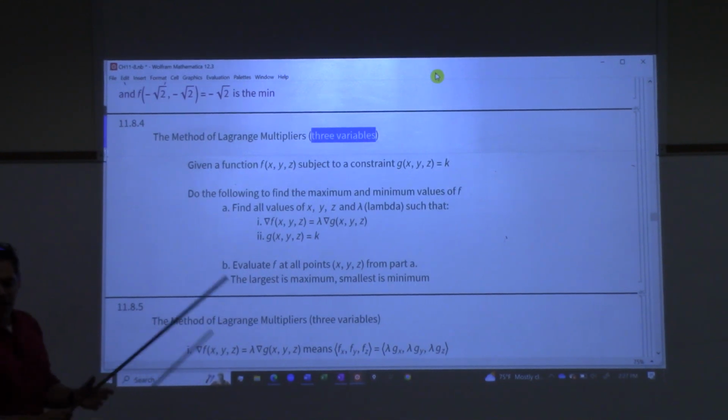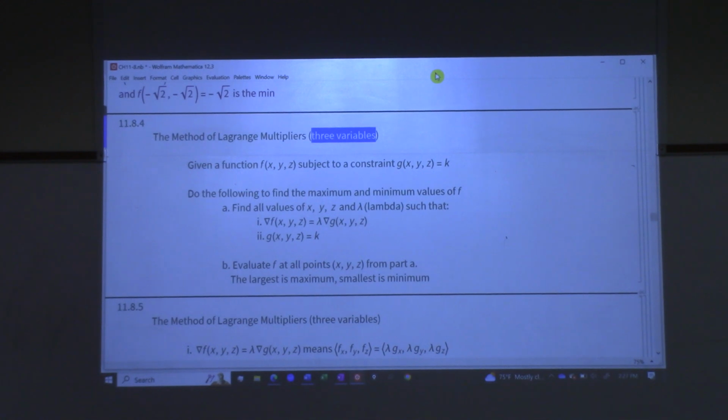That's what's so powerful about Lagrange, is that you can take any function that takes in however many variables, weather forecast, something like that, and you could constrain that to certain inputs, and then you could find maxes and mins. Yes? In the real world, we have lots of variables, not always 2 and 3.